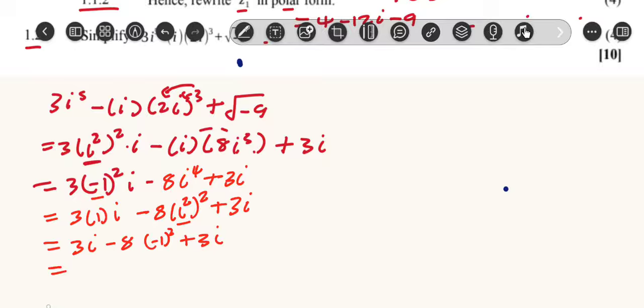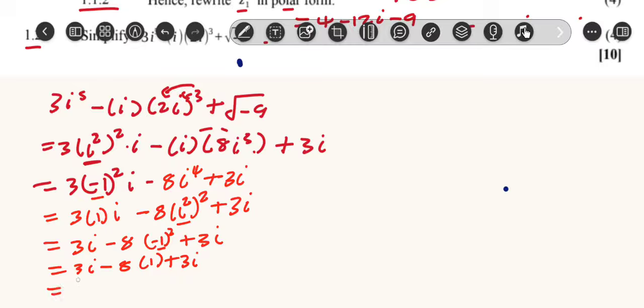Now we put them together: we have 3i minus 8, negative 1 raised to the power of 2 is 1, plus 3i.